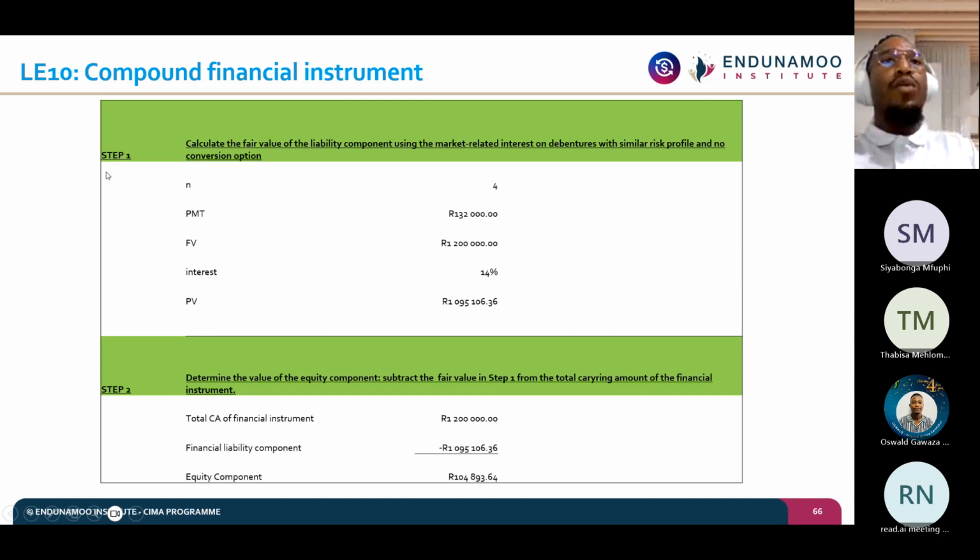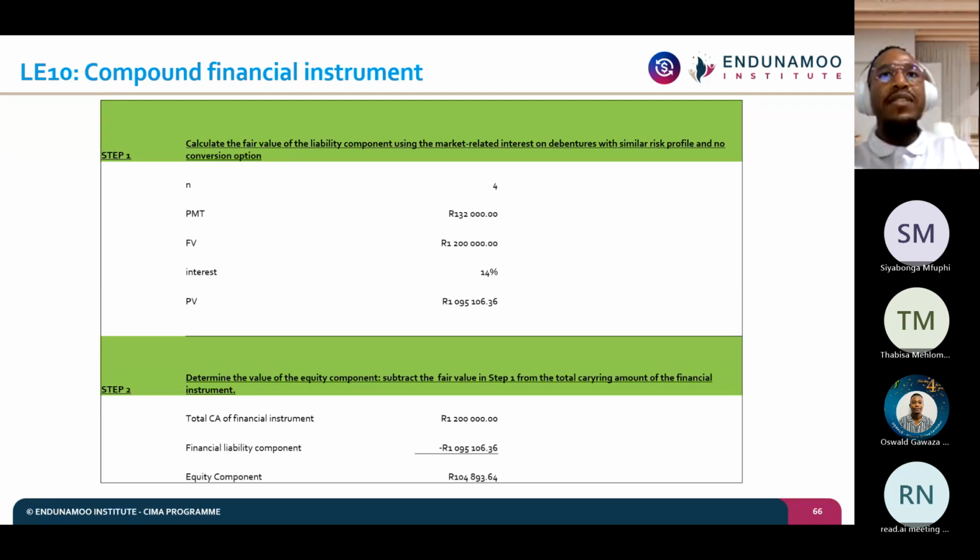In our financial calculator, N is the number of periods. We have 4 years. And why do we say 4? We say 4 because the coupon payments are paid annually. And the coupon payments are 11% of the par value. Our par value is 1.2 million.